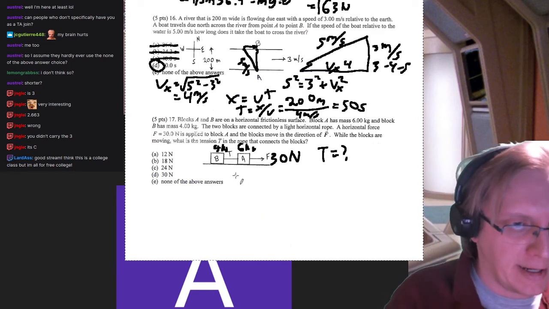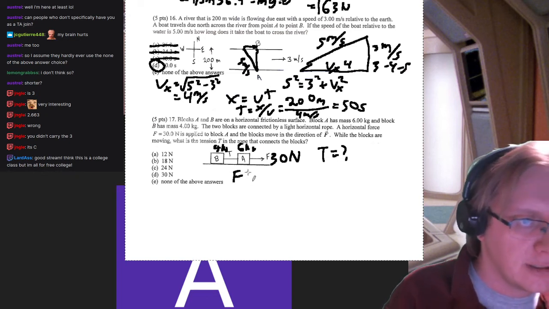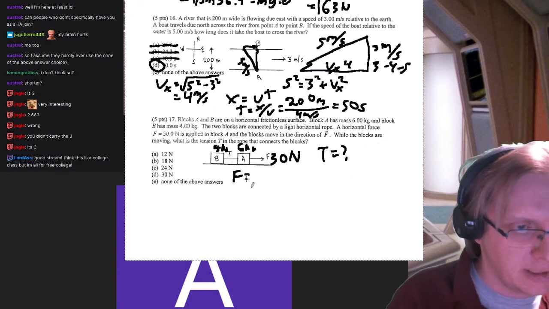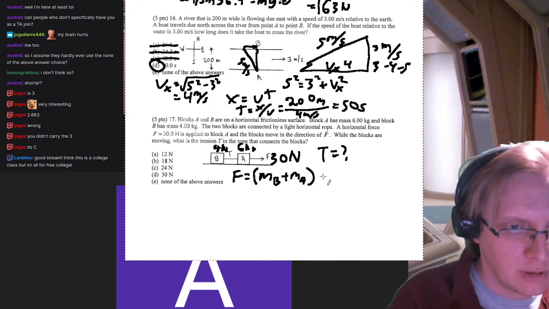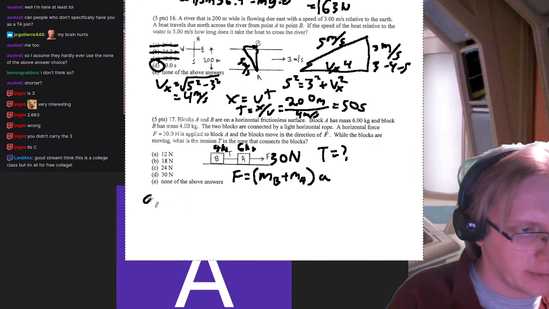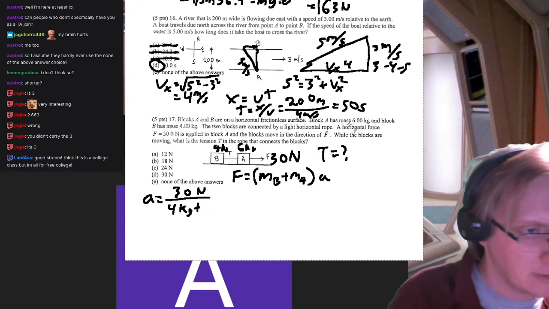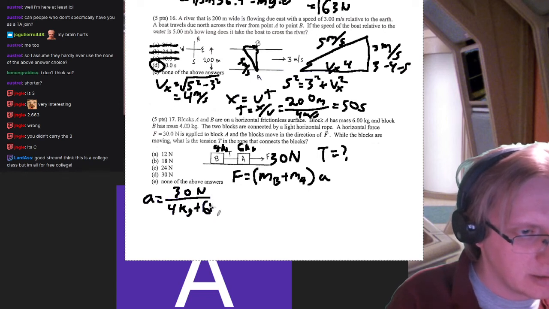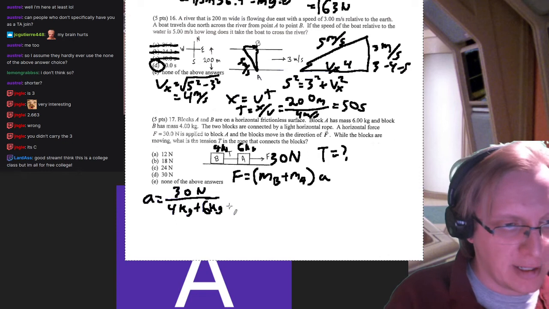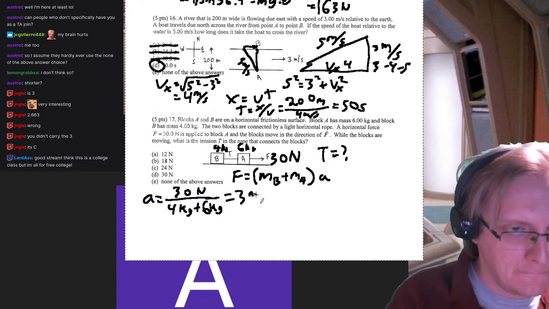So F is applied to both blocks, the mass of B plus the mass of A. Therefore, the acceleration of the whole system is 30 newtons divided by 4 kilos plus 6 kilos. 30 divided by 10 is 3 meters per second squared.